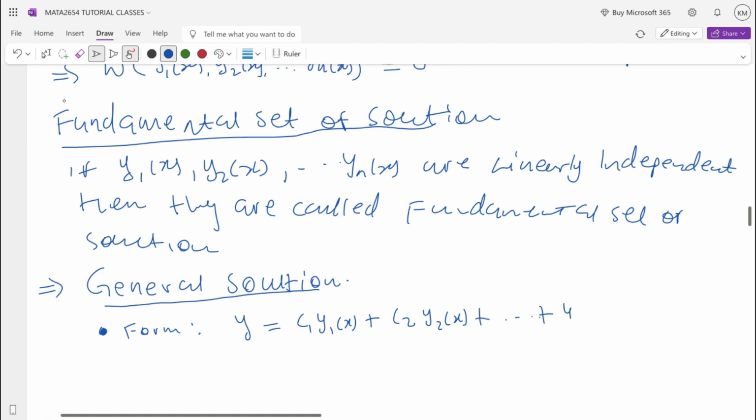In this case, we are dealing with n solutions, so yn of x. This is the form in which you write a general solution. But y1, y2, up to yn will only be a general solution if they are a fundamental set of solutions.